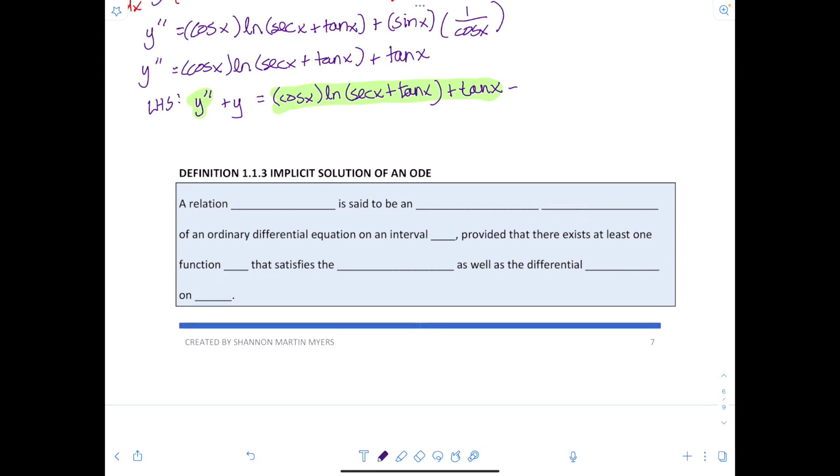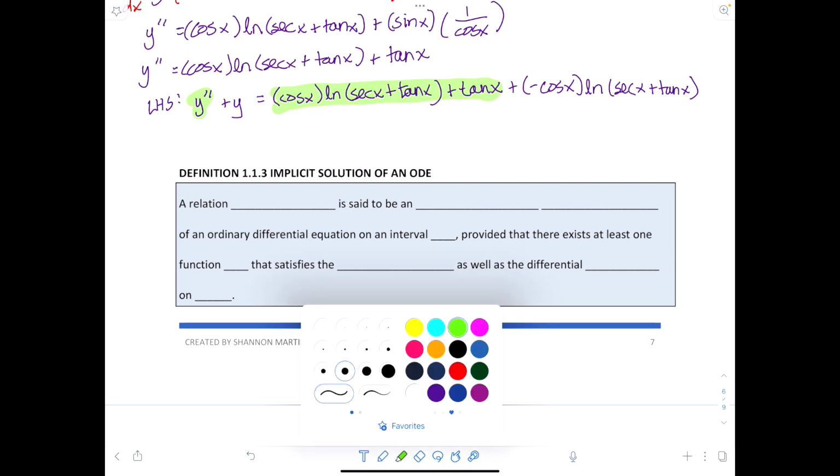So we'll go plus negative cosine x times natural log of secant x plus tangent x. And that was our y.